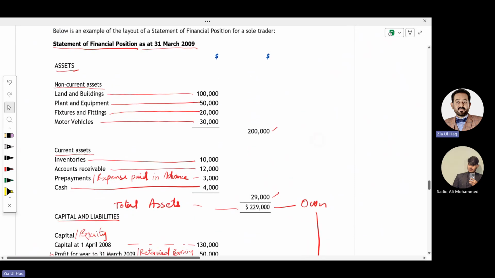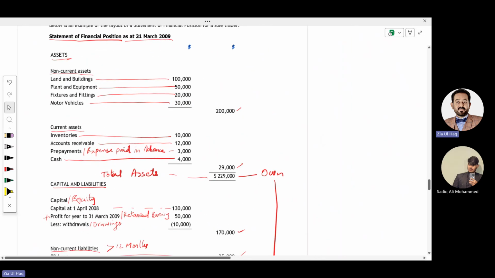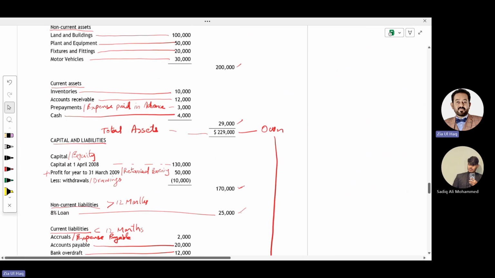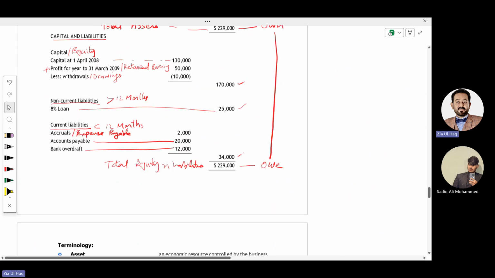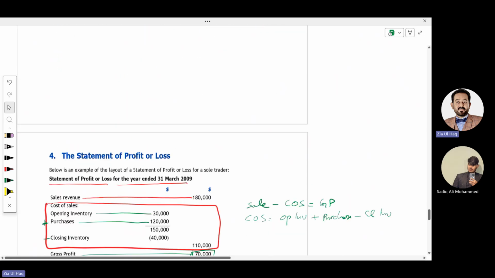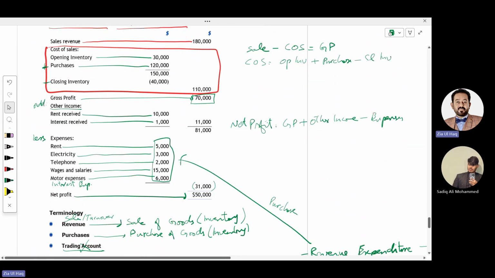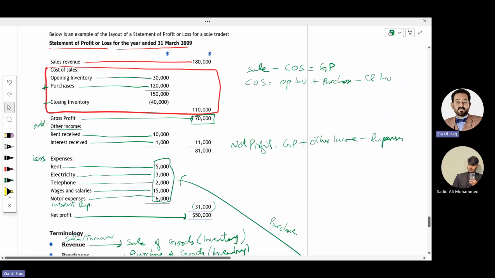We have covered a picture of the statement of financial position, how it is prepared. And we have covered a good picture of the statement of profit or loss account, how it is prepared, how to calculate gross profit, how to calculate cost of sale, how to calculate net profit we have learned.